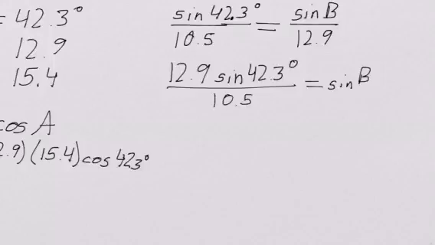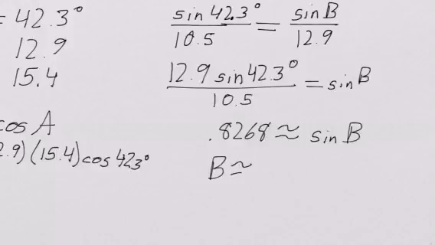Plugging that into the calculator, I get 0.8268 approximately for the sine of B. Which then, if I take the inverse sine, I get that B is approximately equal to 55.8 degrees. And we established that B has to be an acute angle.